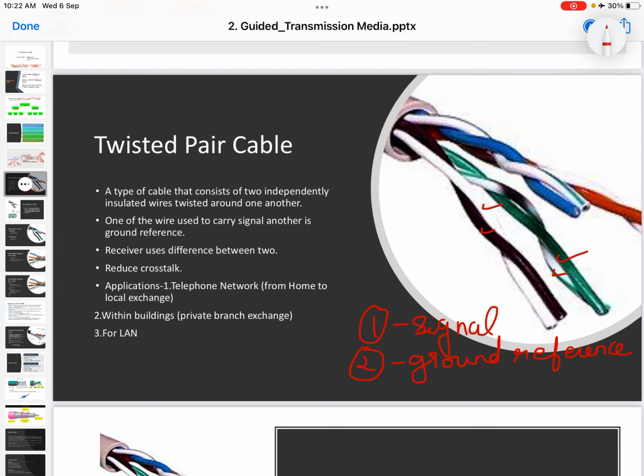The receiver uses the difference between the two. This reduces crosstalk.